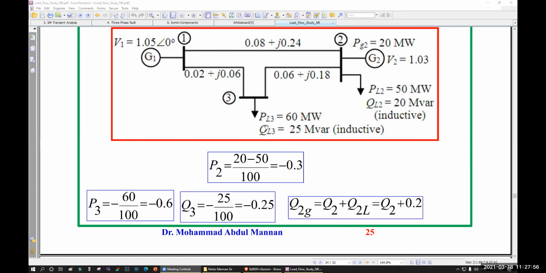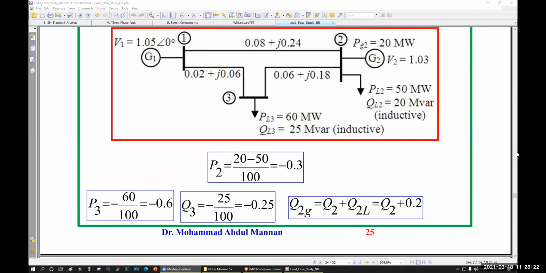Now the P3, we know P3. P3 is how much? Minus 0.6, right? What is our Q3? Minus 0.25. Why? Because they are all loads. They are taken out. That's why they are minus. So these are the things that we know already.